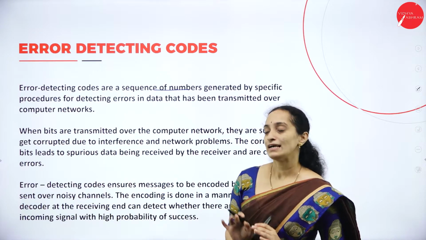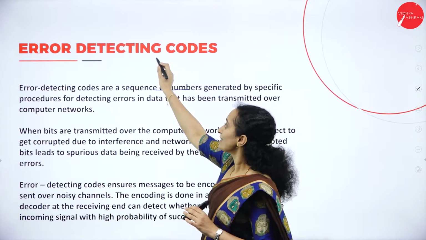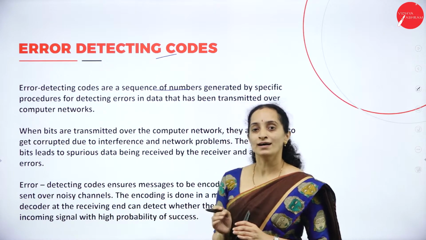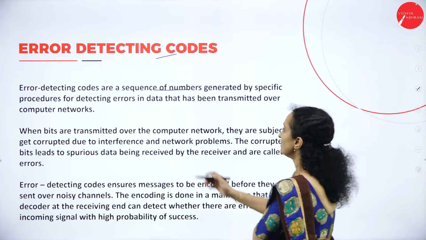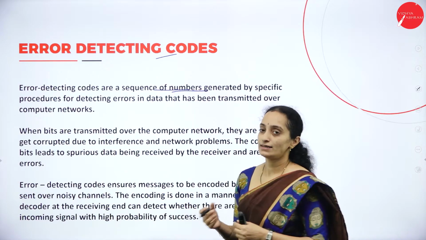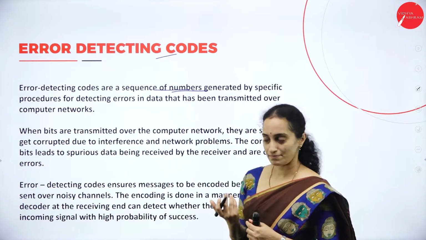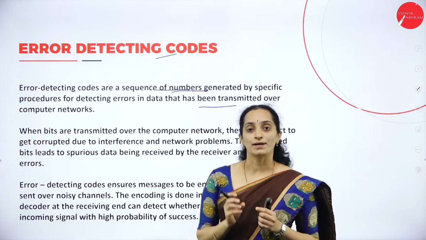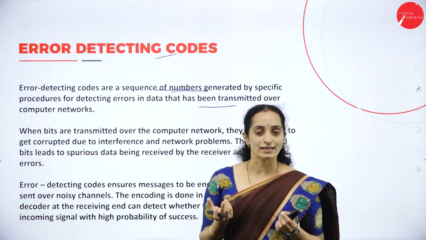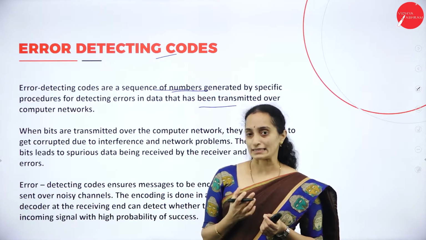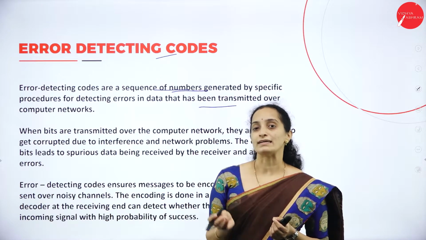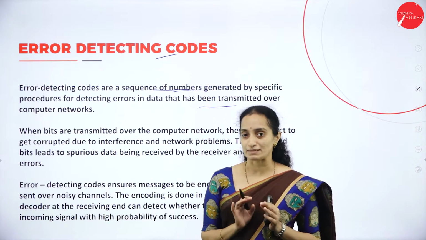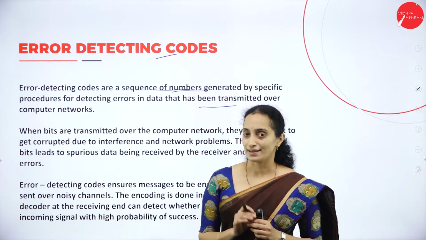That means this error detecting code must also be in binary form only, where we have a sequence of numbers, any sequence, which are generated in a particular procedure. You cannot randomly generate anything to detect an error.